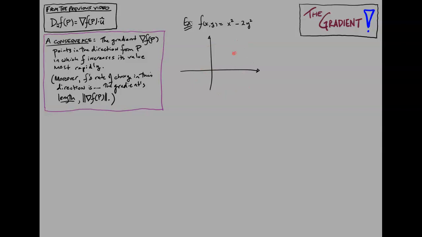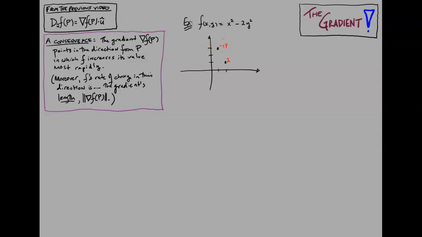Given any point in R2, we pop its coordinates in there, and we get some scalar associated with it. For example, at this point right here, whose coordinates are 2, 1, if we pop those coordinates in, we get 4 minus 2, which is 2. So I'll just put a little 2 here to remind us of the value of the function at that point. Meanwhile, at the point 1, 3, the value of the function would be 1 minus 18, so that would be minus 17.